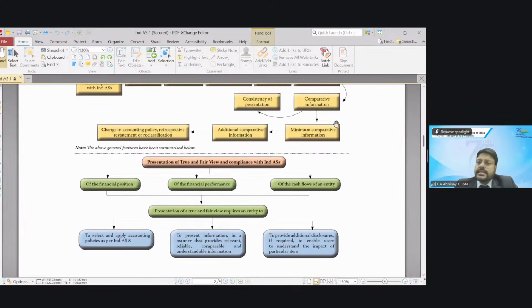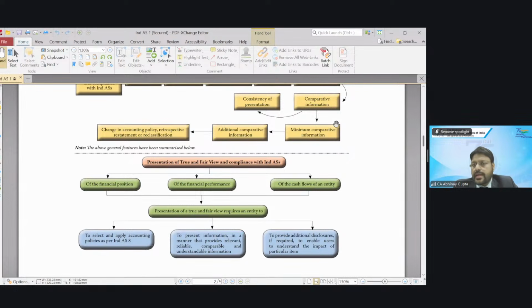Now, consistency in the presentation is the key, right? So we shouldn't be switching from one accounting policy to another accounting policy across the periods, right? Because it distorts the picture of the financial statement. So whatever accounting policies we have chosen, we should be consistently following them unless and until we believe the other accounting policy is more reliable or relevant in our case, and hence we want to switch to a different accounting policy, right?